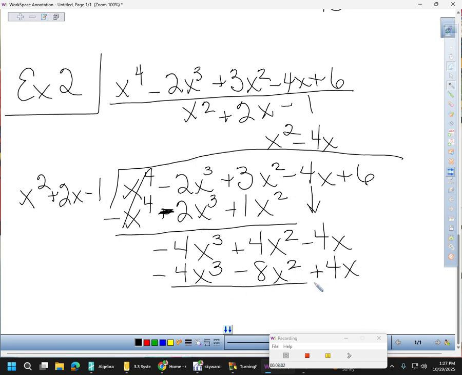I draw my line and I change my signs, all of them. That's why I say it that way. So negative 4x to the third and positive 4x to the third cancel out. 4x squared and 8x squared is 12x squared. Negative 4x and negative 4x is negative 8x. And we bring down plus 6.